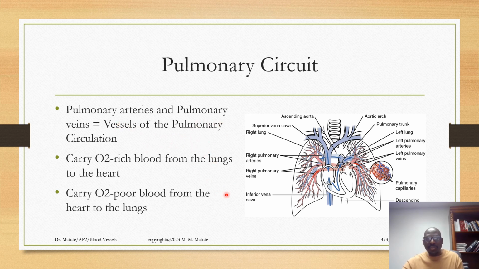These are vessels associated with pulmonary circulation, meaning circulation in the lungs. We need oxygen-rich blood from the lungs transported back to the heart, and oxygen-poor blood from the heart transported to the lungs. So these two transport vessels constitute the pulmonary circuit.